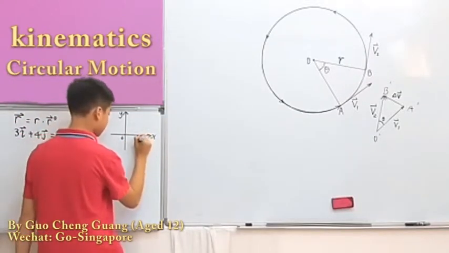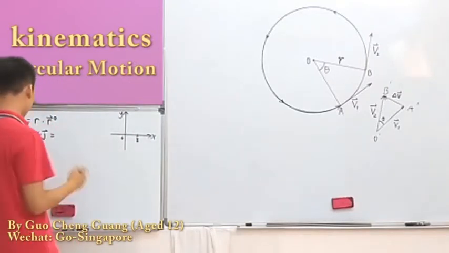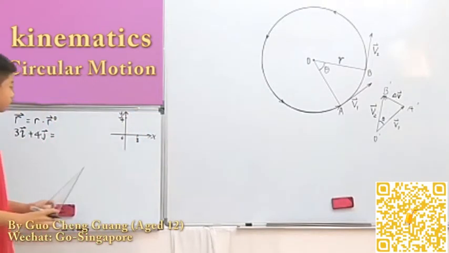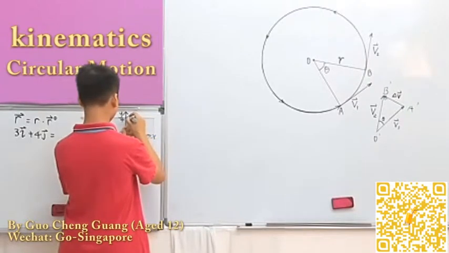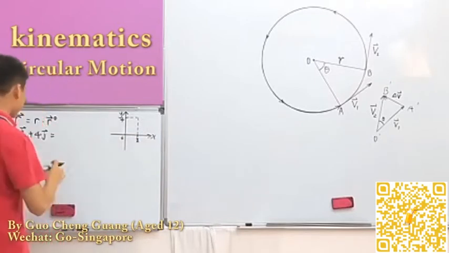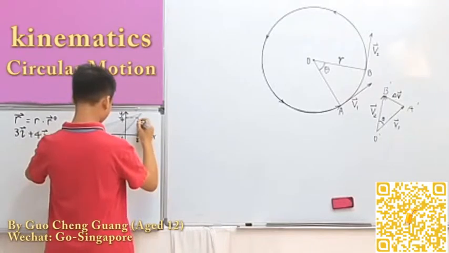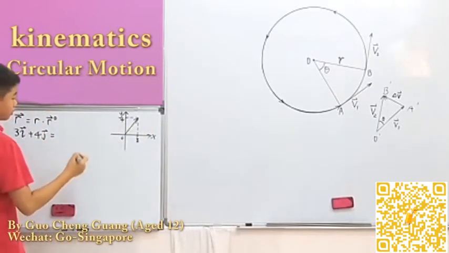Let's say this 3 is here. We get 4 units in the y direction, so let's just say it is around here. Then afterwards, you connect these parts, and what you have at last is this vector times this length. You're just using the Pythagoras theorem.